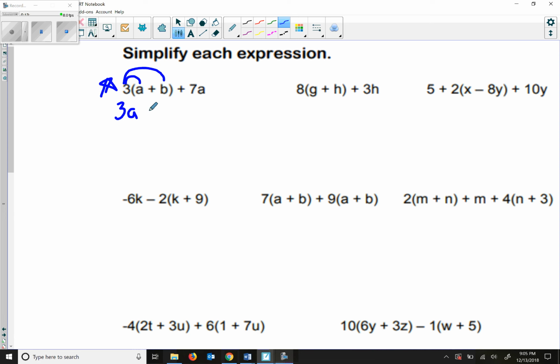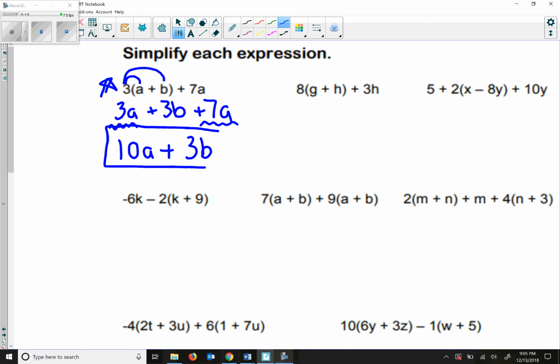So that's 3a plus 3b plus 7a. Now I'm searching for my like terms. I've got those two a's, so 3 and 7 would give me 10a plus 3b. And that's all I have to do.